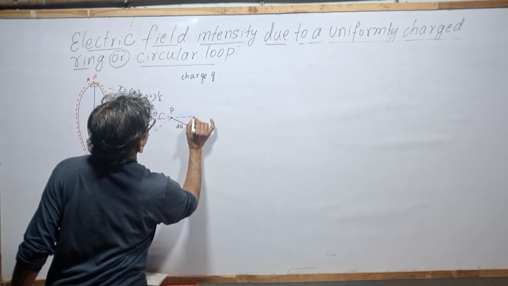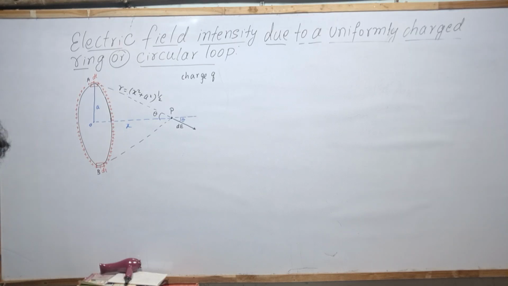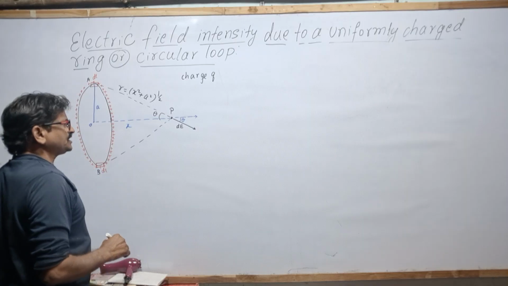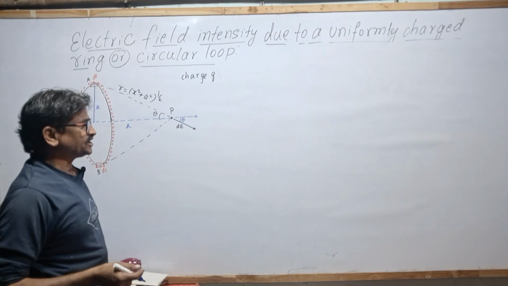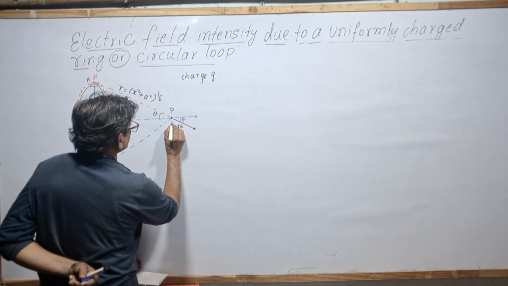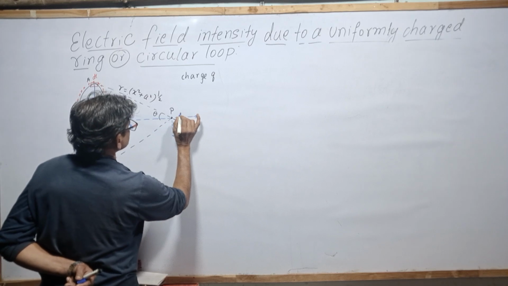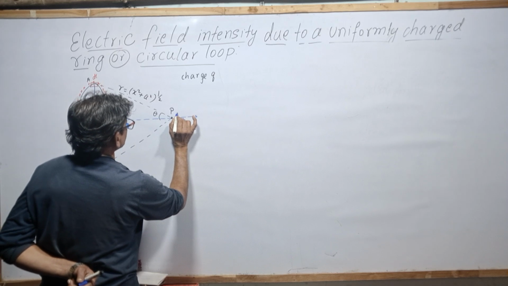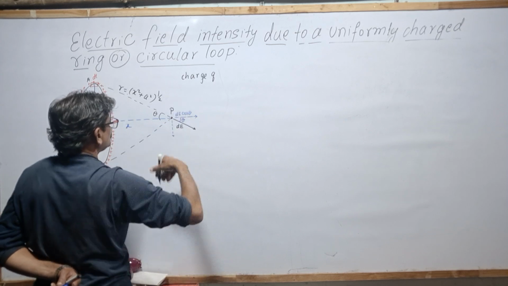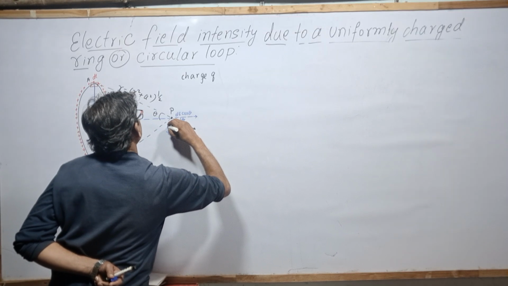We know that electric field is a vector quantity, so it is resolved into two components. One component is along this line, called the horizontal component, dE cos theta. Perpendicular to this is dE sin theta.